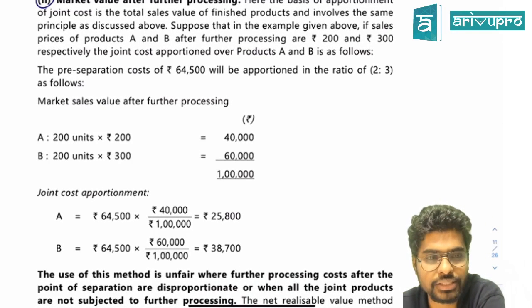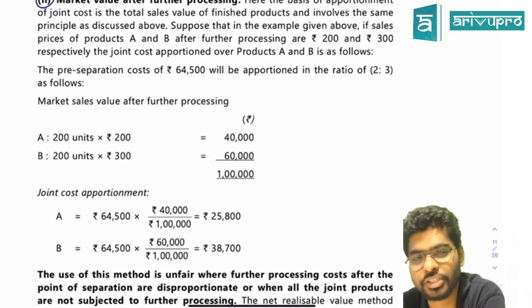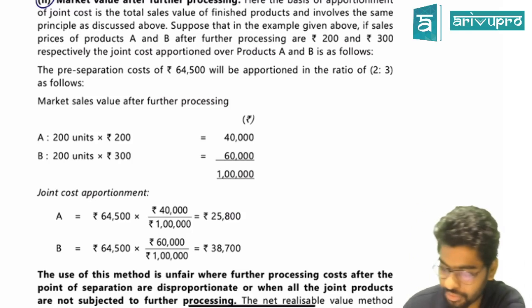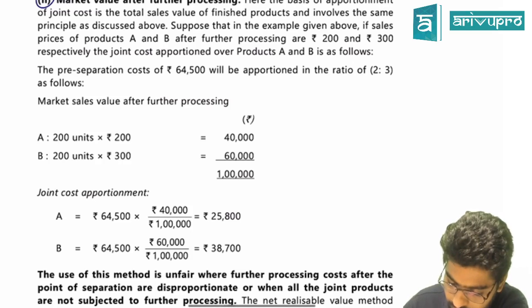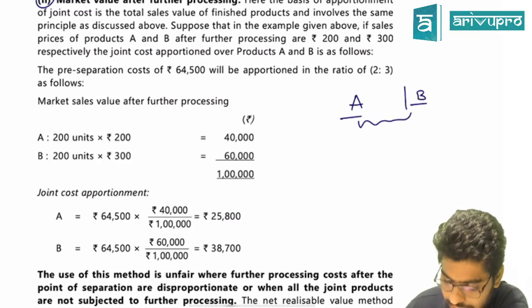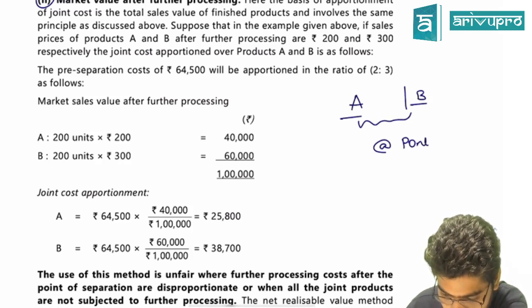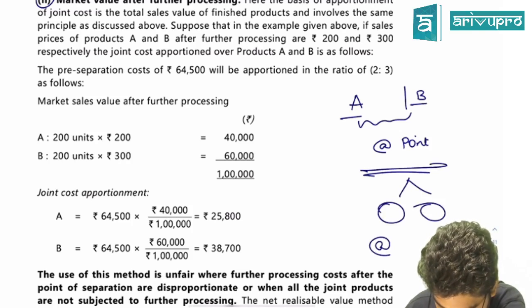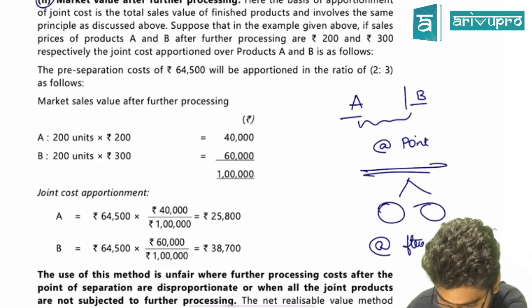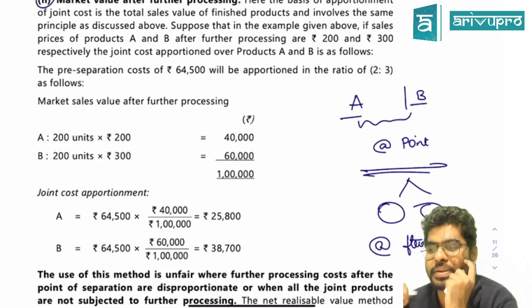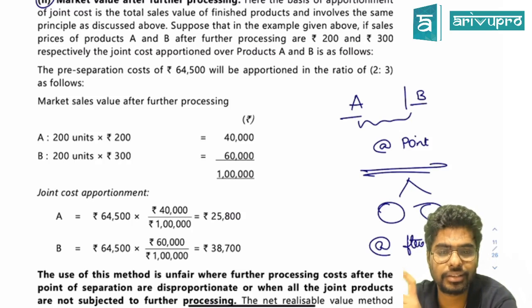If the sales prices of A and B after processing are 200 and 300 respectively, that means what? In the previous question, the prices of A and B given were at the point of separation. Here they are talking of after further processing. Are you clear? Did you guys understand?